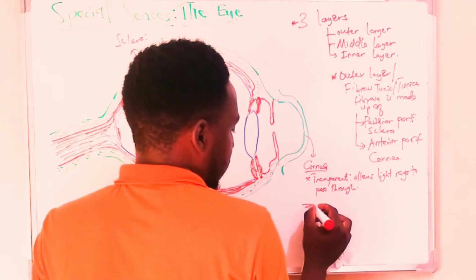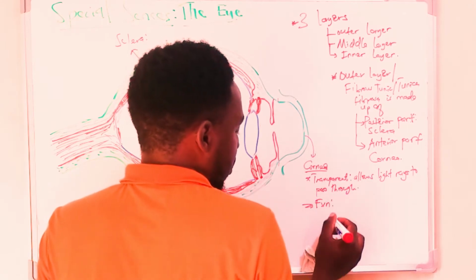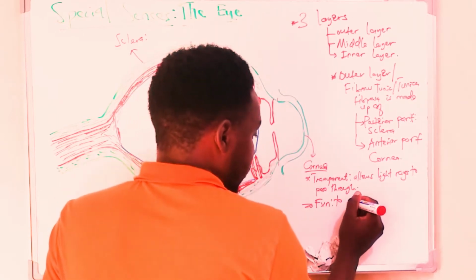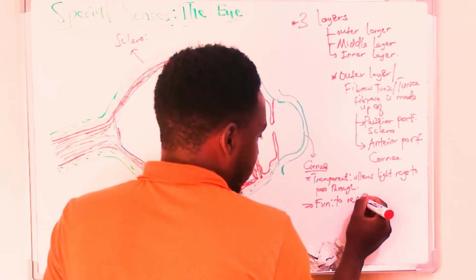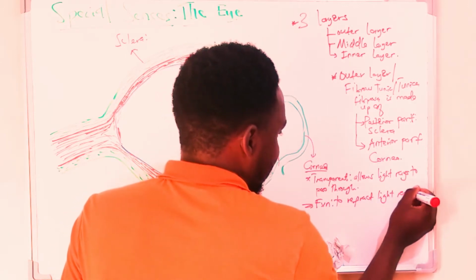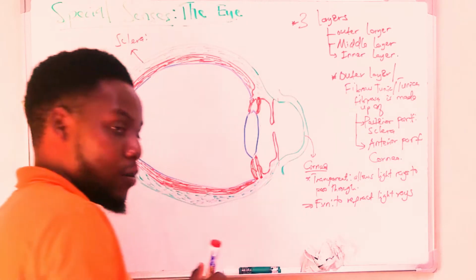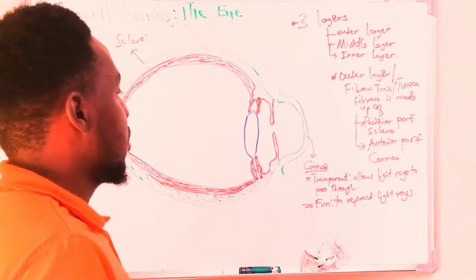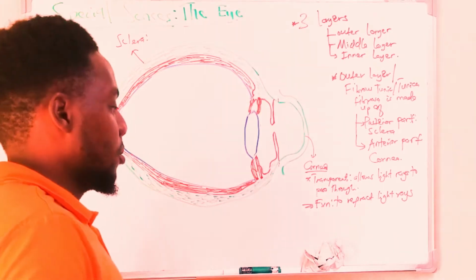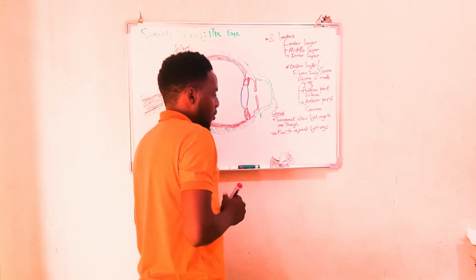Its function is to refract light rays, or bend light rays, when the light rays are being focused on the retina. So that's the function of the cornea.